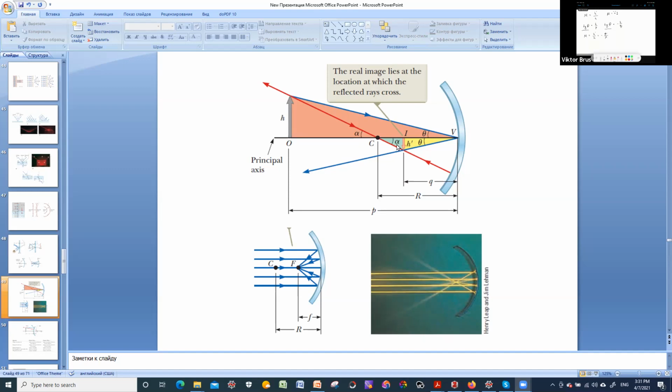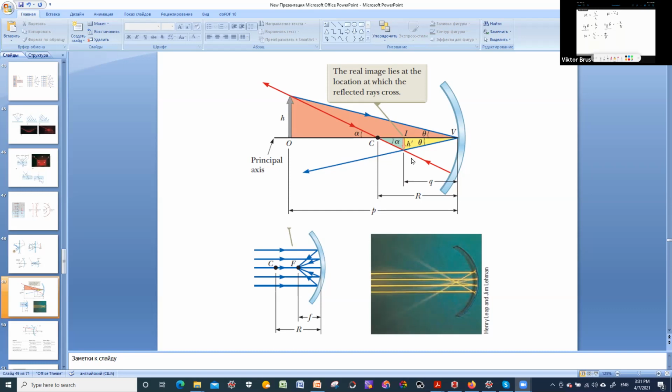So from the green right triangle, we see that the tangent of this angle alpha is the ratio between h prime and this distance.